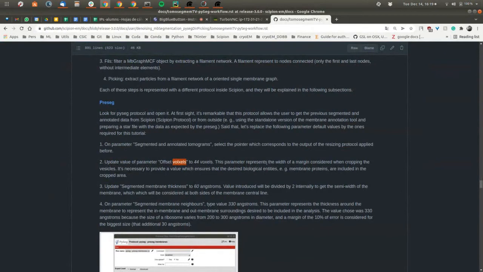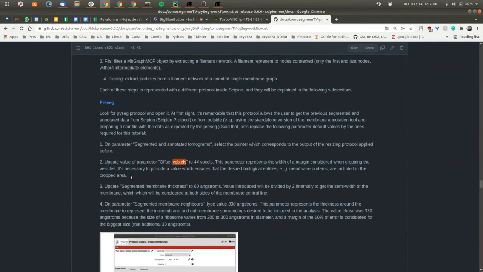This means that if you determine an area which is very thick around the membrane, like in this case, because we're trying to pick ribosomes, so they're big particles, maybe you cut this area when you crop that vesicle in the new, more complex segmentation, the 3-area segmentation.